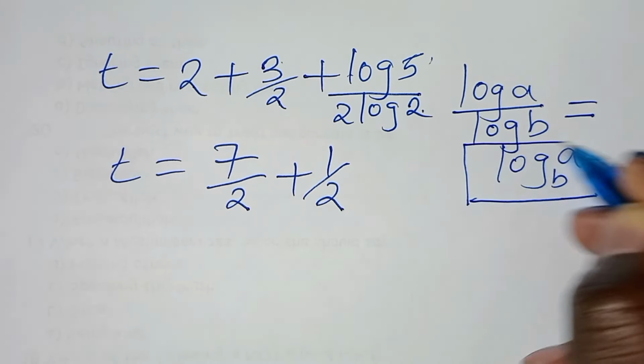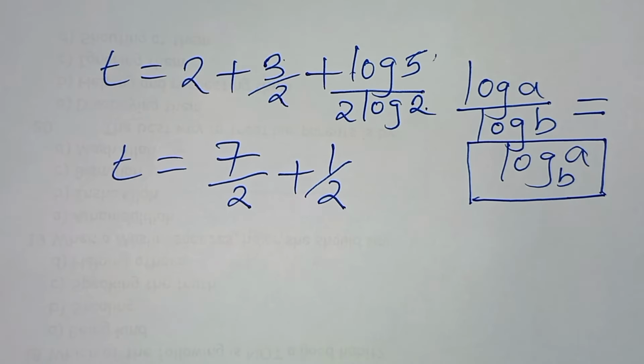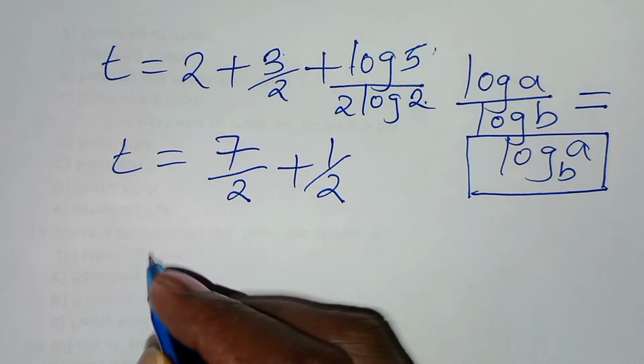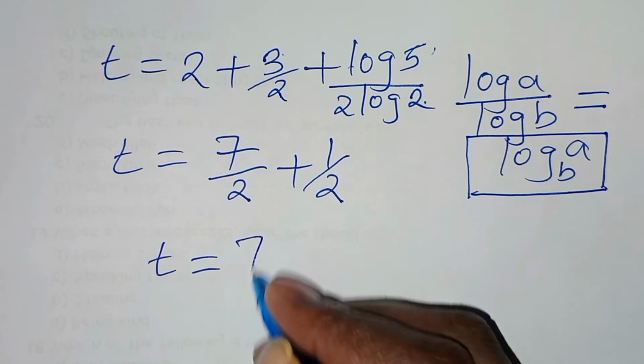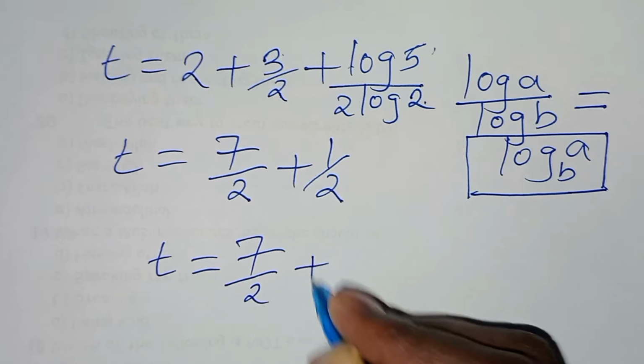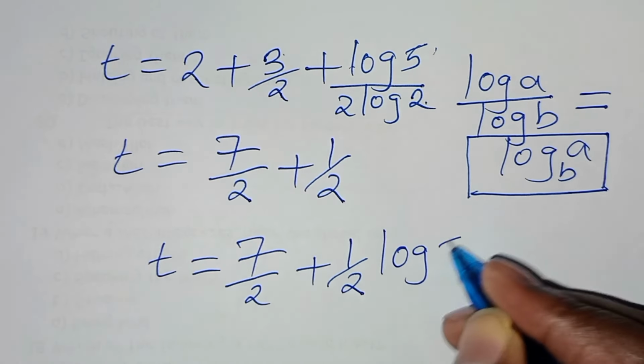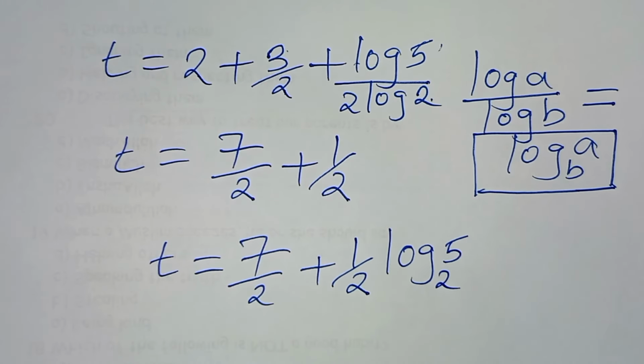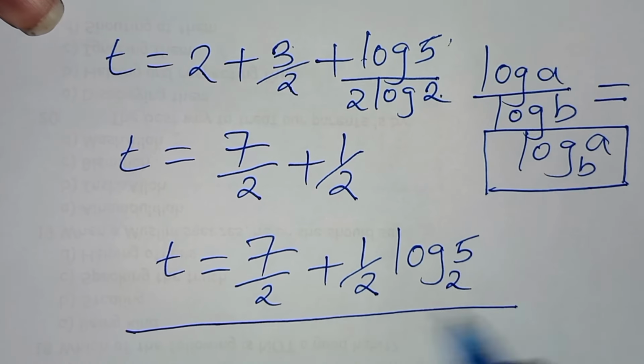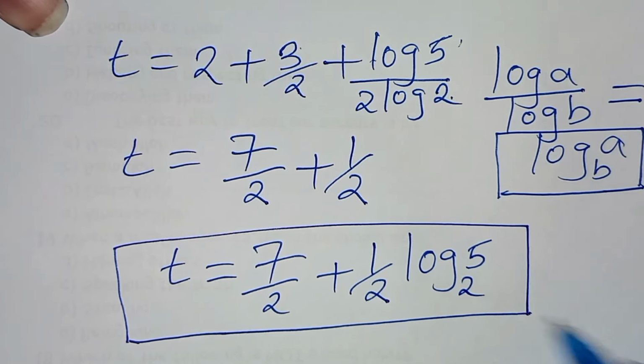So let's apply this logarithm property, so that now t is equal to 7 over 2 plus half log 5 to base 2. So this is the value of t.